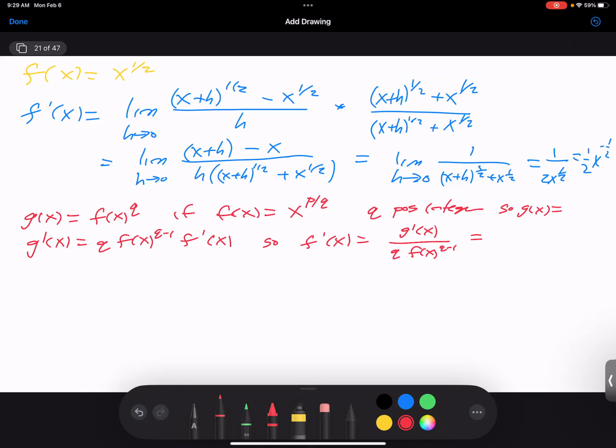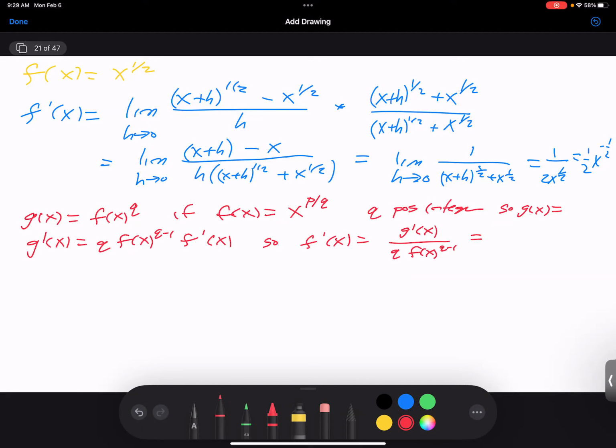Well, g of x is f of x to the q. f of x is x to the p over q. So what would g of x be? I'm raising x to the p over q to the qth power.